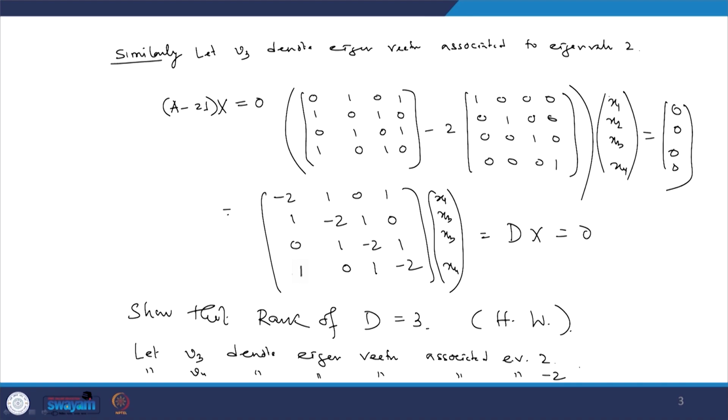Then I will have A V1 equal to 0 into V1, A V2 equal to 0 into V2, A V3 equal to 2 into V3, A V4 equal to minus 2 into V4.